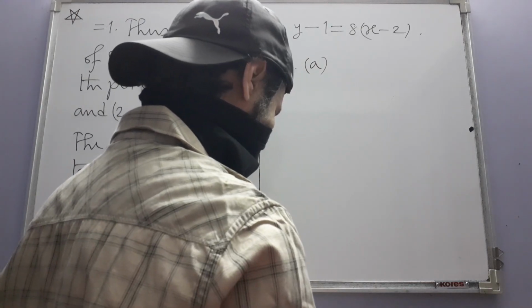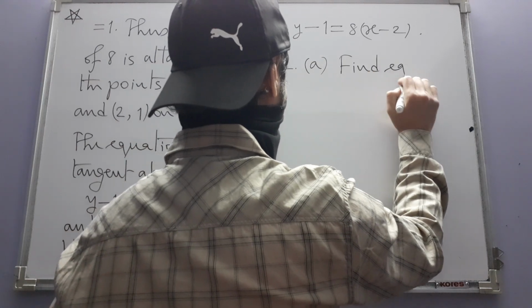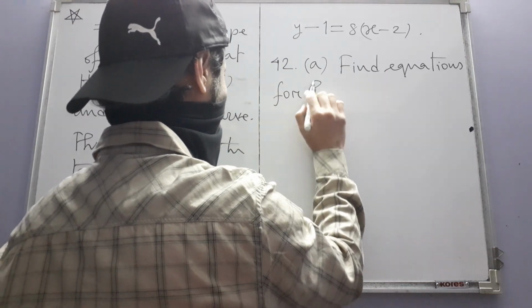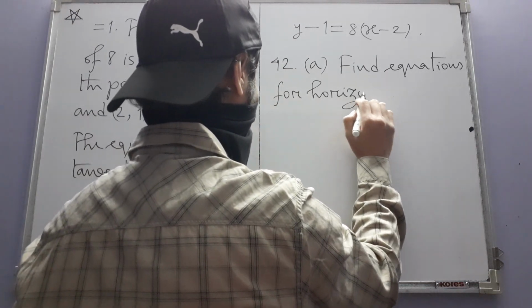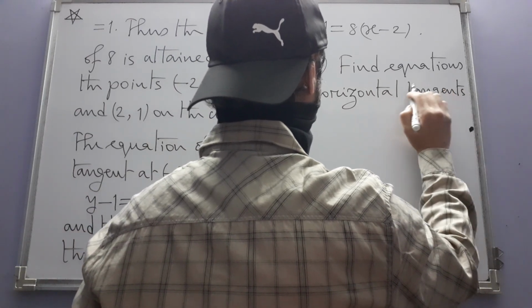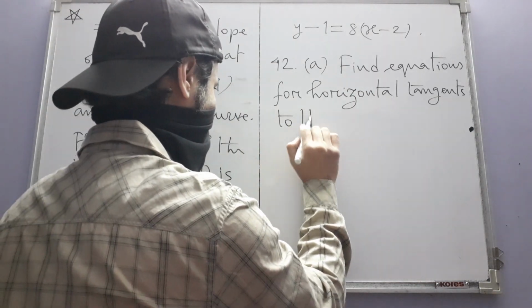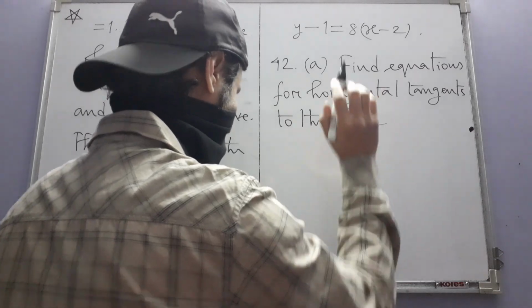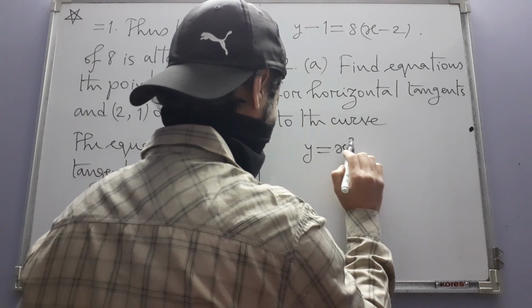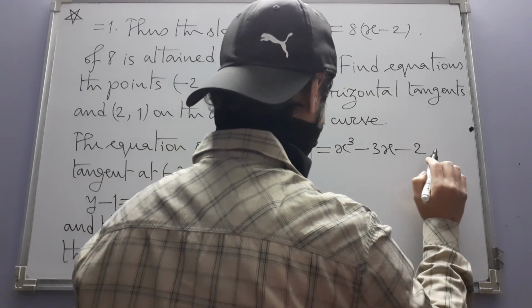In part A, find equations for horizontal tangents to the curve y equal to, again a cubic equation, x cube minus 3x minus 2 this time.